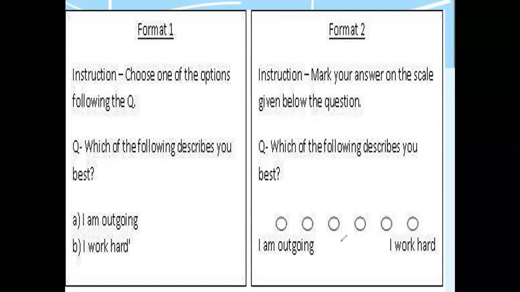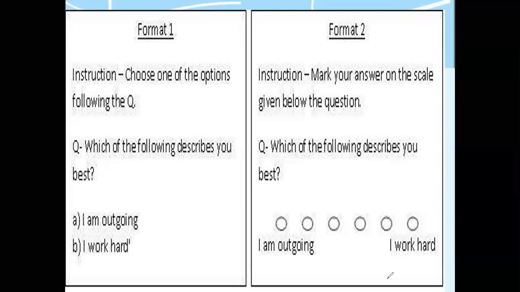So this is one of the examples of this particular method. Which of the, I'm outgoing, work hard here. Now they'll give the scale. So here is a kind of format that is given for the particular characteristics of an individual, right?